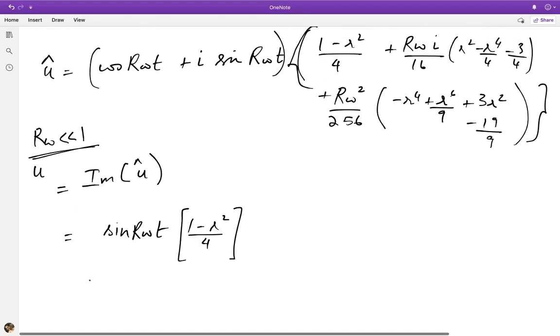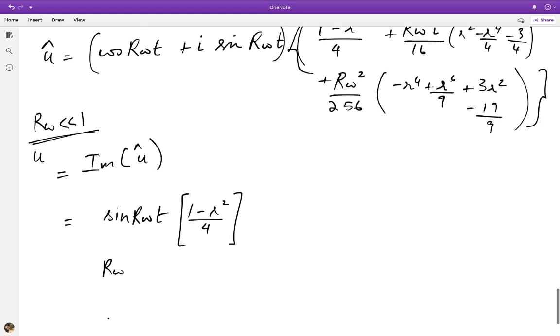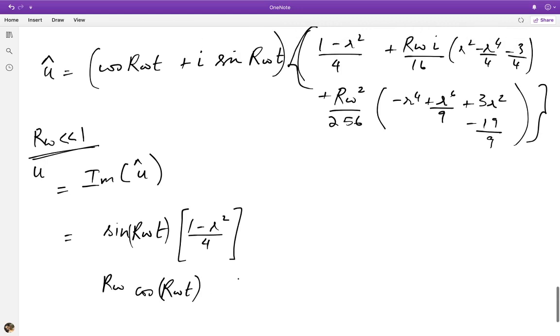Now at the next order, which is this term, remember this term is now imaginary, so I should multiply it with cosine r omega t, right, times 1 by 16 into stuff in the bracket.